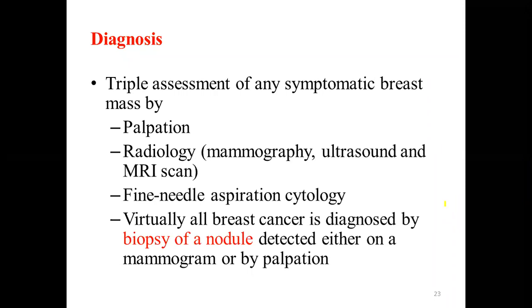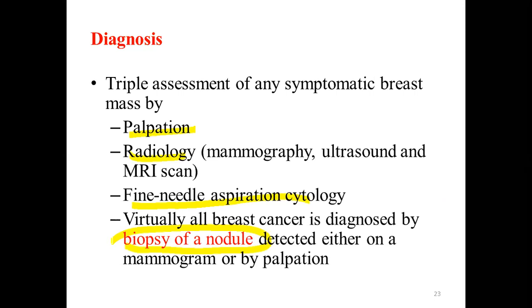Then when you look at diagnosis, remember the patient does physical examination and self-examination. After that, they do a mammogram. Then mostly they do palpation, radiology, and needle aspiration for cytology. But biopsy is usually the gold standard for diagnosis.